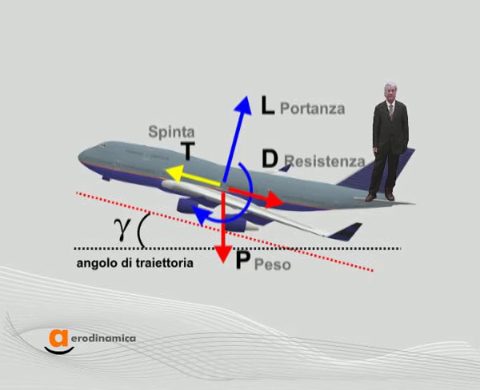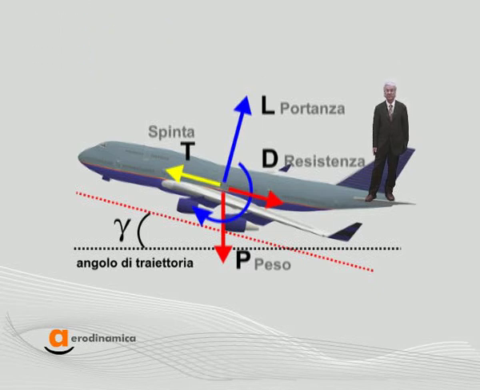We can write thrust equals drag plus 0.09 multiplied by weight. Lift equals weight. Total moment equals 0. This means that in order to maintain the airplane balance during the climb, we need a thrust equal to the drag plus 9% of the airplane weight, and a lift equal to the weight.